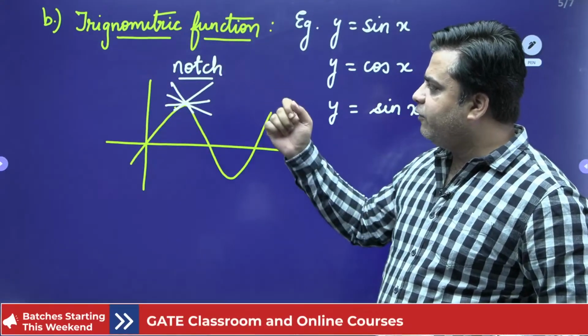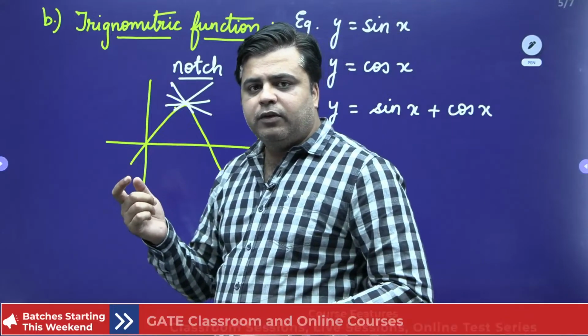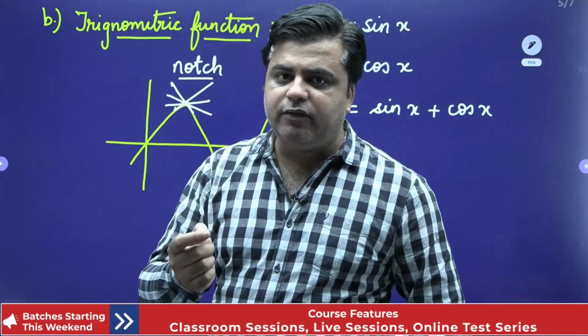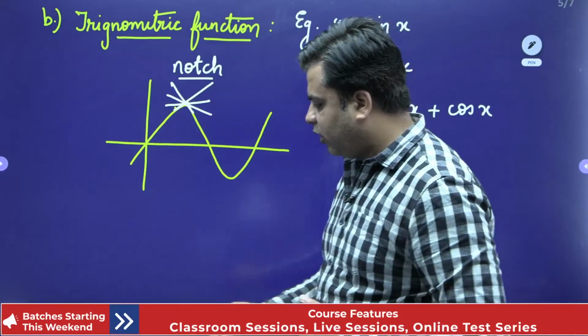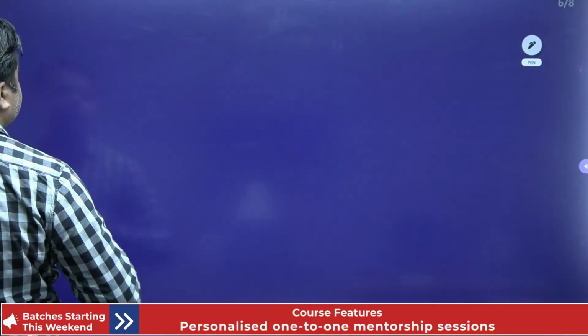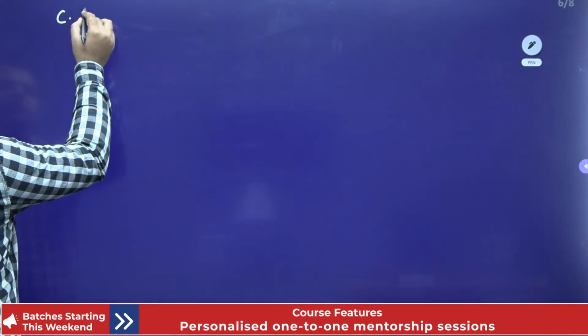So for trigonometric functions, we need to check on the differentiability of the function, and we also need to check whether the functions are continuous or not. The third variety of functions are logarithmic functions.